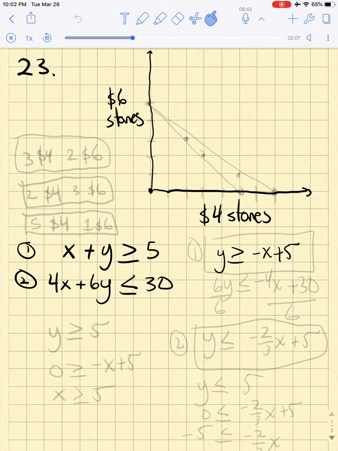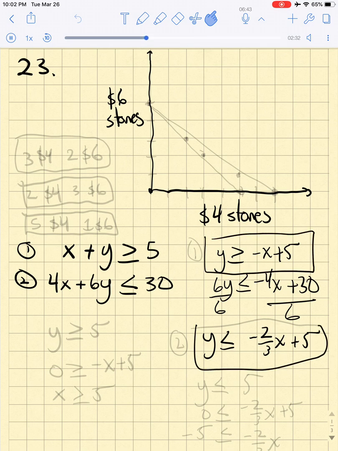The second equation is going to be 6y must be less than or equal to negative 4x plus 30. We have to divide everything by 6 here. We have y must be less than or equal to negative 2/3 x plus 5. Okay, so we have to graph these.